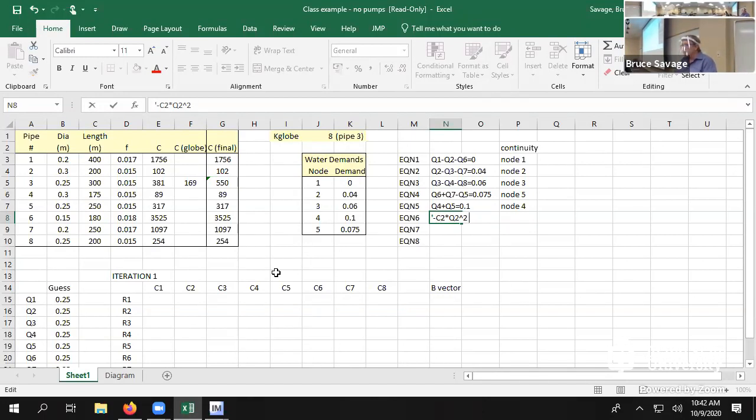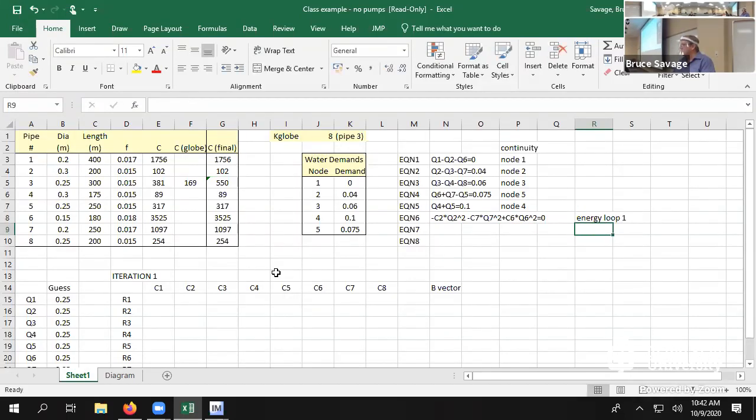Then I get to pipe number 7, going with the flow, so minus C7 times Q7 squared. Then my loop is going against flow in pipe 6, so plus C sub 6 times Q sub 6 squared, and this equals 0. So that's energy loop 1.